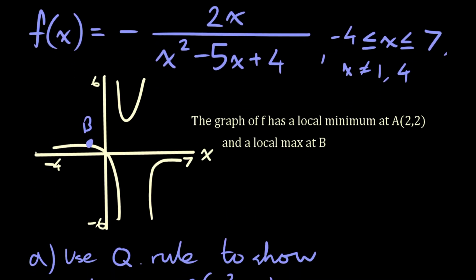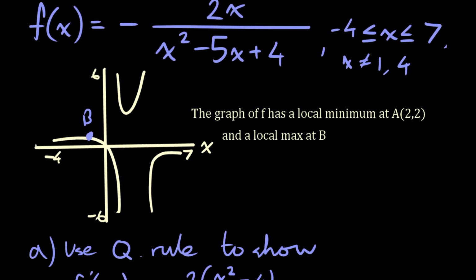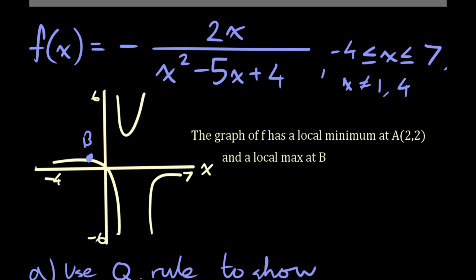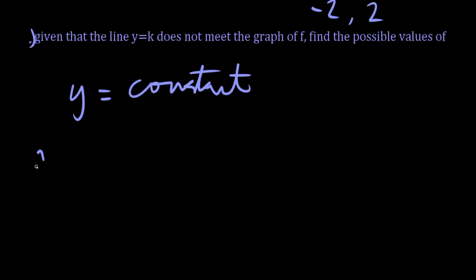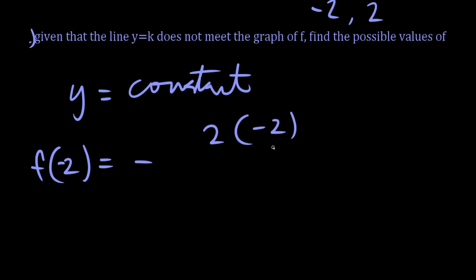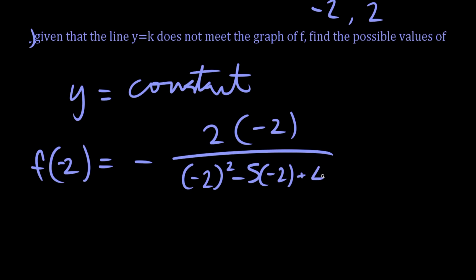So to find the y coordinate for b, let's plug in -2 into this function here. So let's see. F of -2 is going to be equal to -2 divided by -2 squared minus 5 times -2 plus 4.